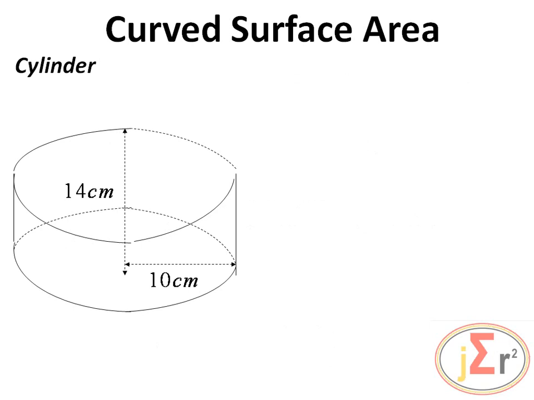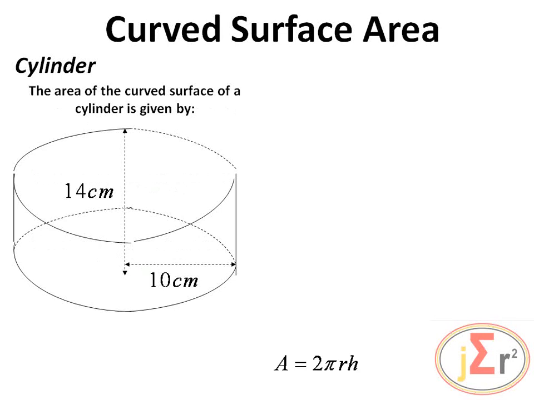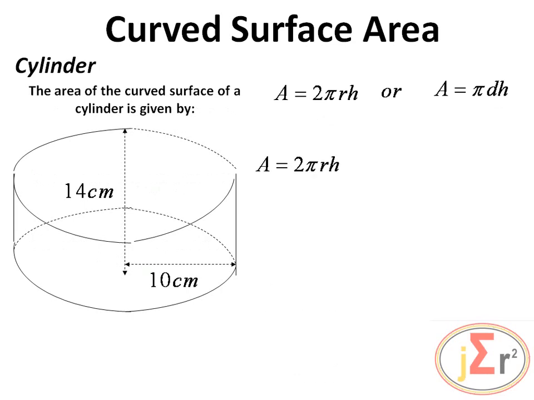We have other curved surfaces, but this time the curved surface of a cylinder. And the area of a curved surface of a cylinder is given by area is equal to 2 pi RH, or area is equal to pi dH. So we have the radius of the first one, so area is equal to 2 pi RH.